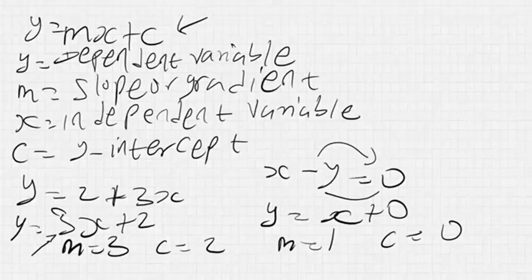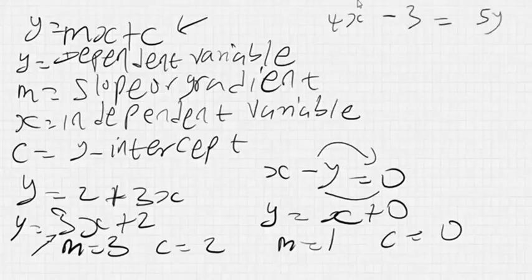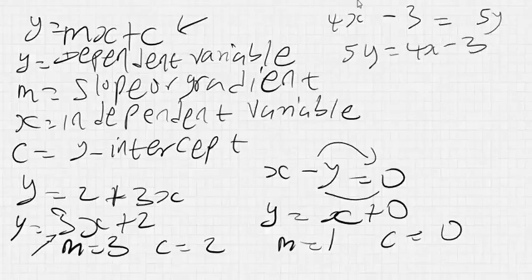Now let's look at another example. What if we are given something like 4x minus 3 equals 5y. When you arrange the equation into the standard equation for the straight line graph, y equals mx plus c, you're going to have 5y equals 4x minus 3. Now, to make y the subject of the formula, divide both sides by 5.